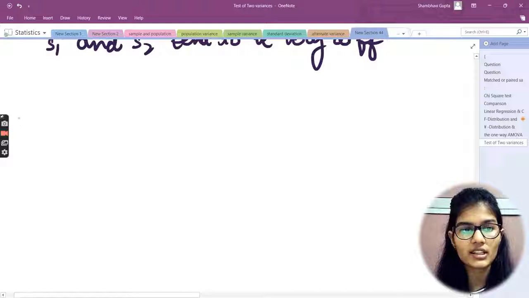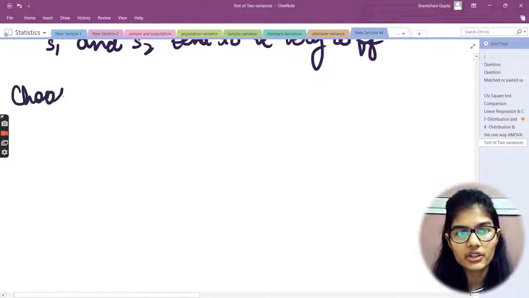Now, let's say I choose S1 square as the larger sample variance.